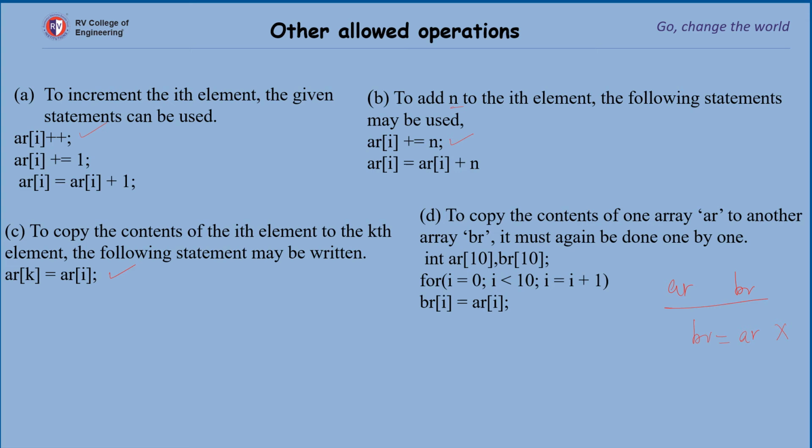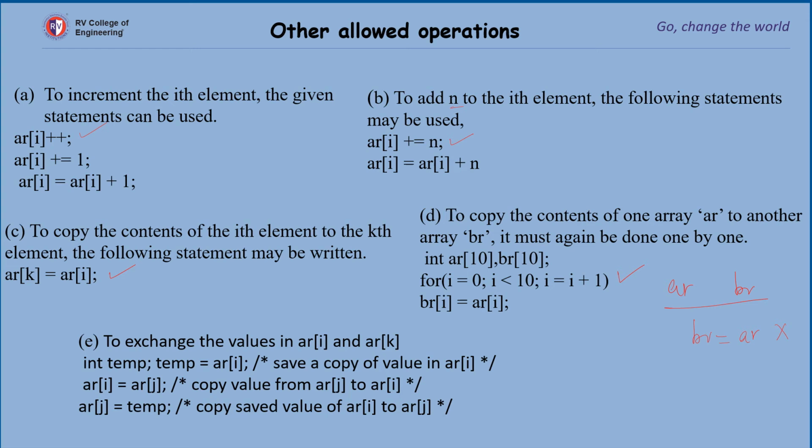However, you can do it element by element, that is BR of I is equal to AR of I. Exchanging the values using a temporary variable: use a temporary variable to store a value of an array, store this value and store temp in that particular value.